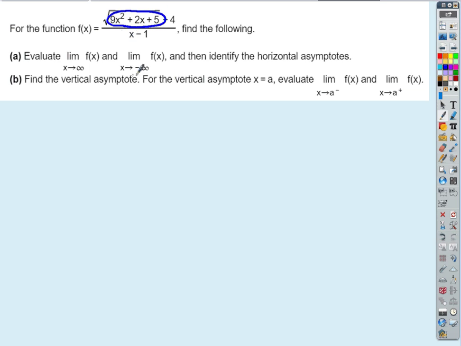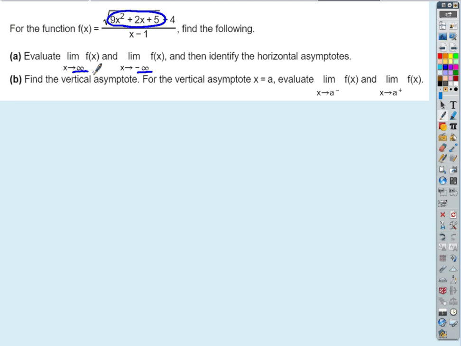As we approach negative infinity or positive infinity, describe what's going to happen to that polynomial. Which terms end up being insignificant and which term becomes dominant? Yes, the leading term is the dominant function as x gets really big in the positive or negative direction.